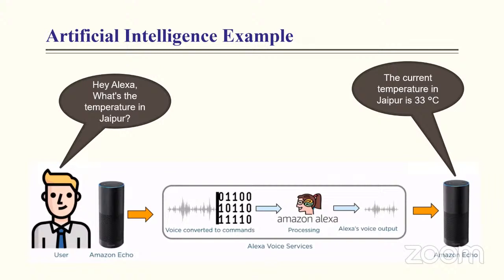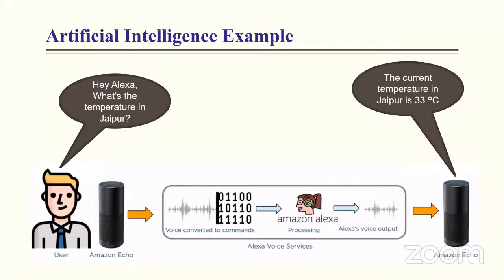It'll start searching for the temperature in Jaipur, from weather.com maybe. To know that, for temperature, I should look at weather.com. For currency, you have to look at this site. For this, I need to look here. That is your machine learning part.